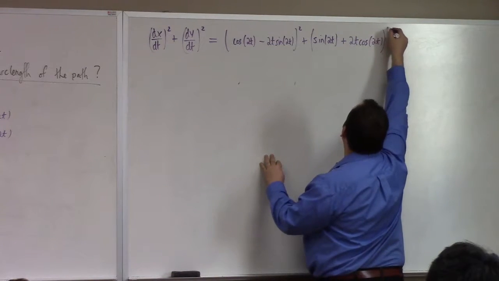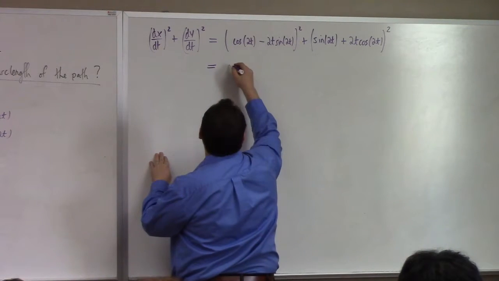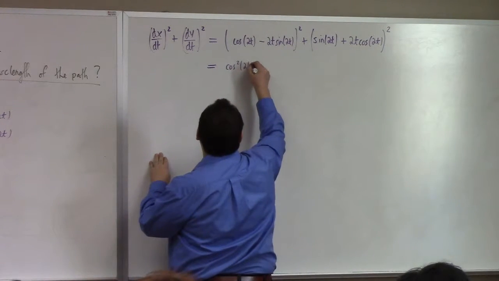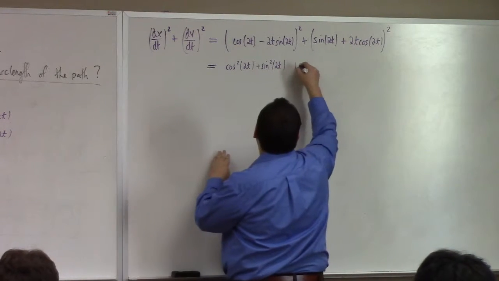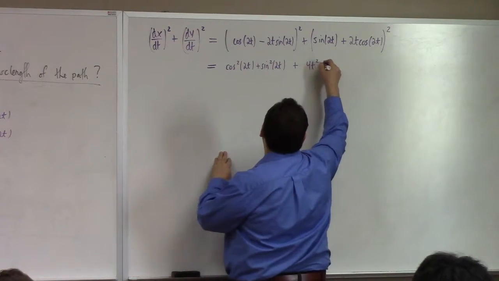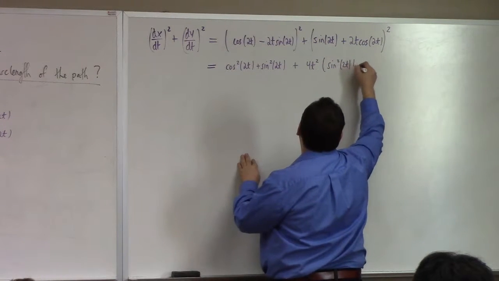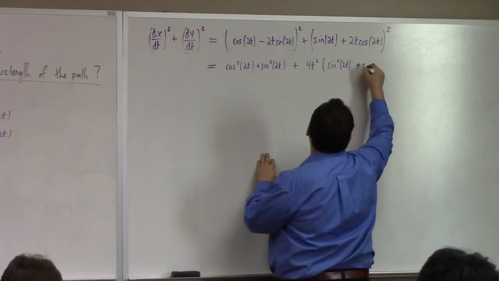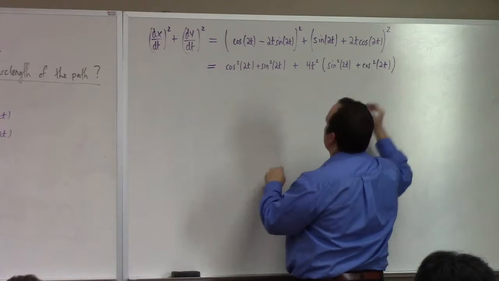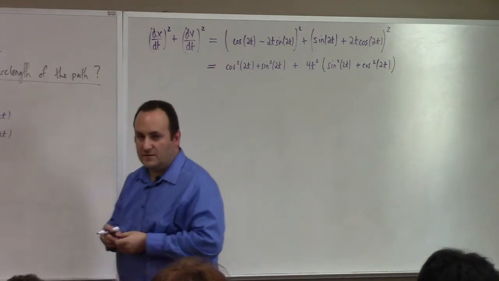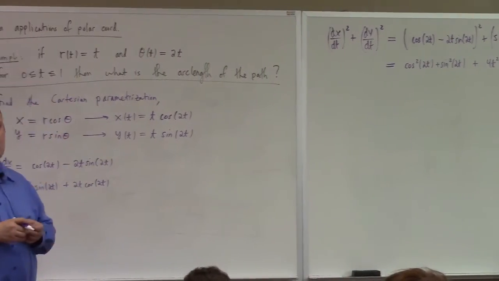The cross terms in these squares cancel out, and you just end up with cosine squared 2t plus sine squared 2t plus 4t squared sine squared 2t plus cosine squared 2t. The other terms, the cross terms, cancel out because you get plus 2 and minus 2 from the other. Well, plus 4 and minus 4, right?